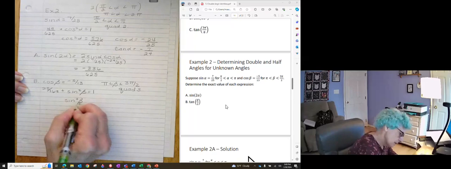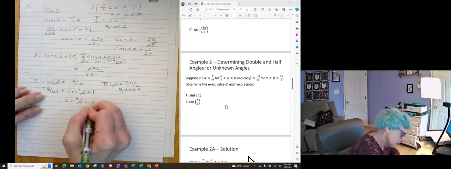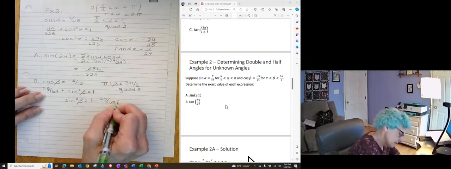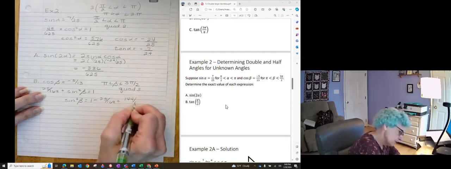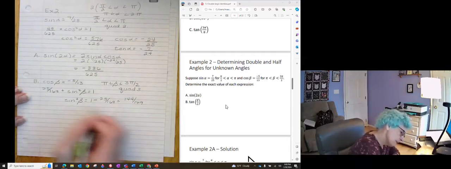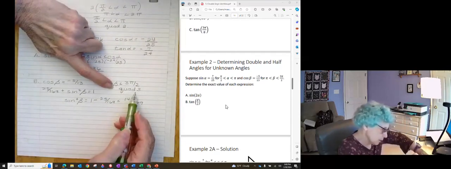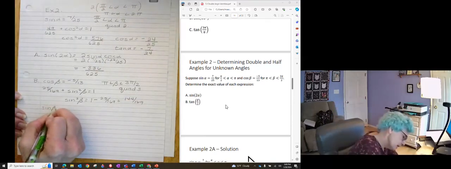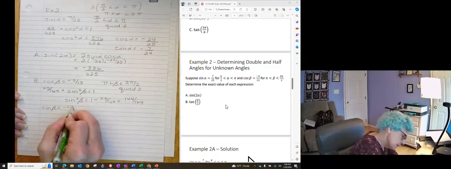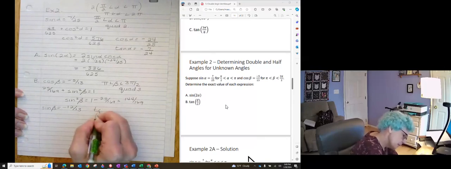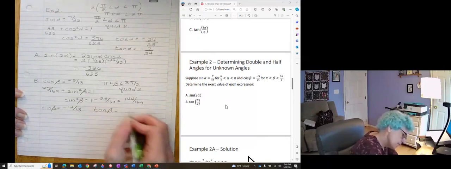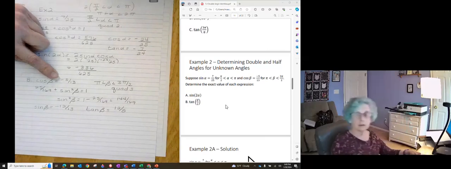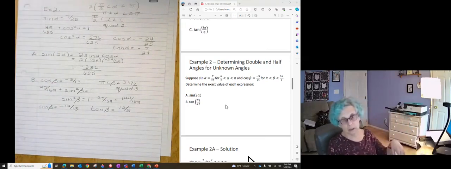So sine squared of beta is equal to 1 minus 25 over 169, which is 144 over 169. So since we're in quadrant number 3, sine is also negative. So sine of beta is equal to negative 12 over 13. And tangent of beta is equal to 12 over 5. Negative over negative is positive.